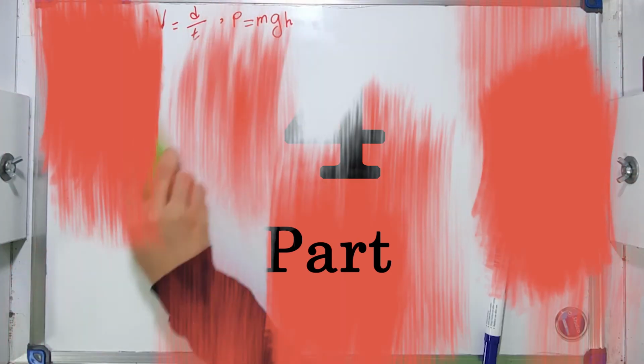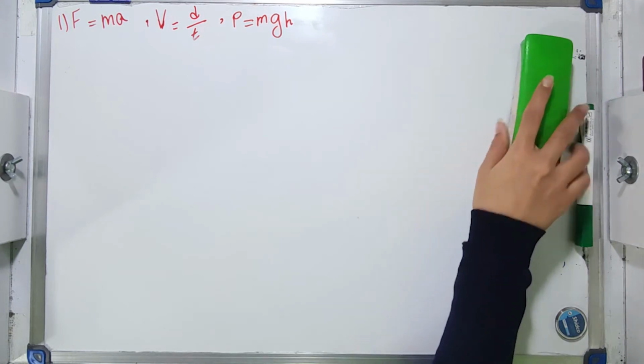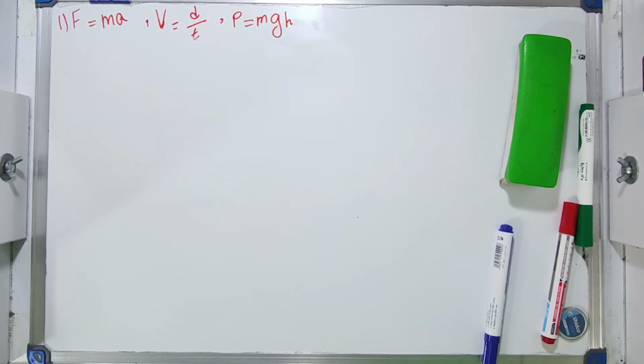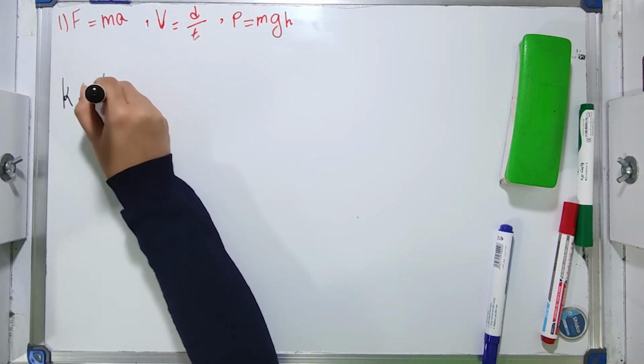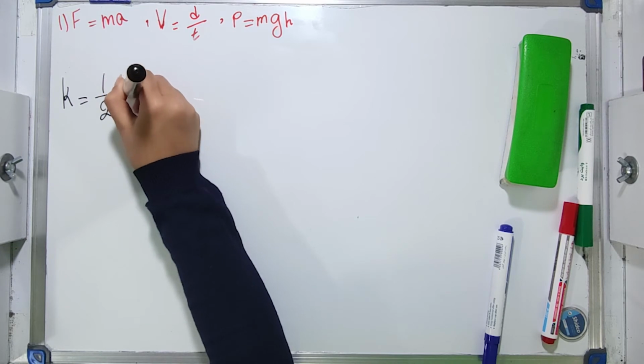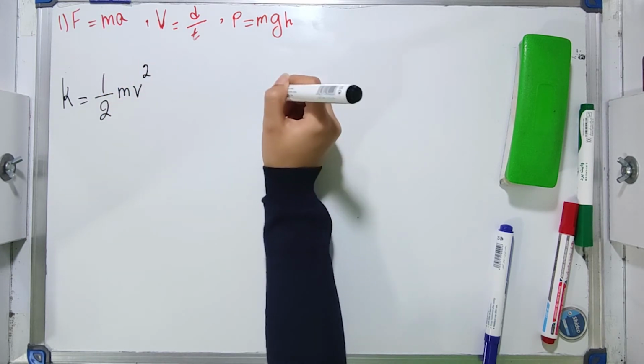Now we have to go one step further. Another equation that I'm going to talk about is kinetic energy is equal to 1 over 2 mv squared.